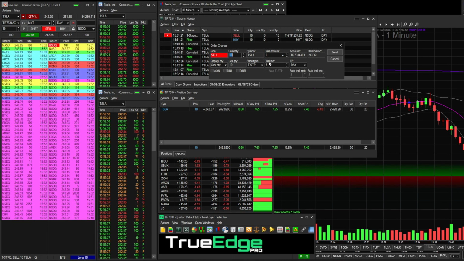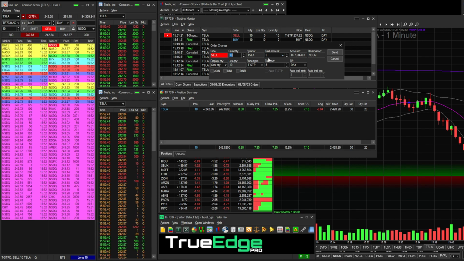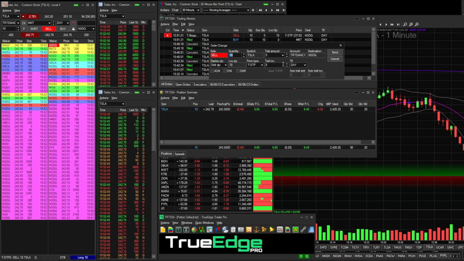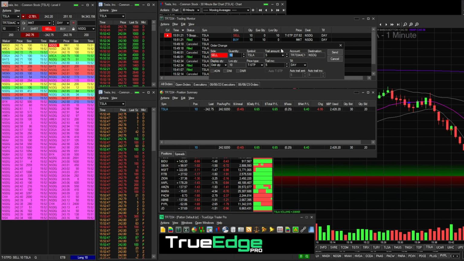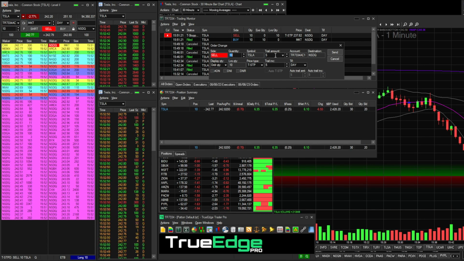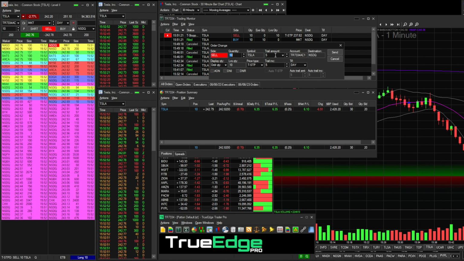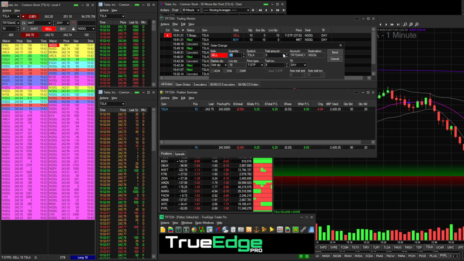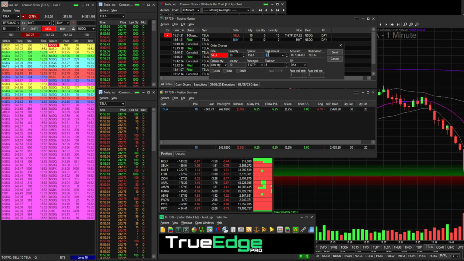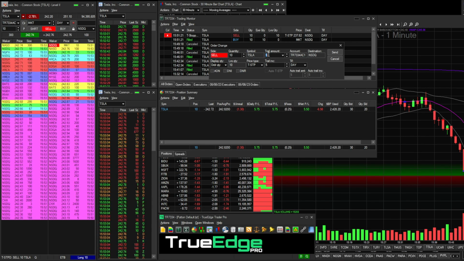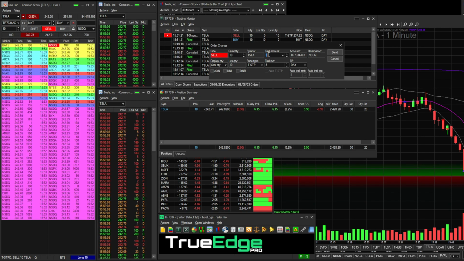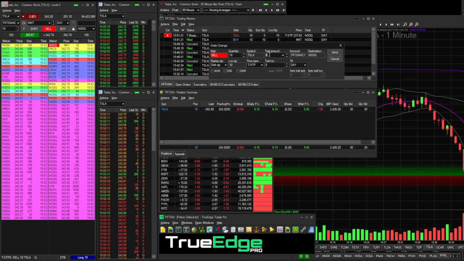Now, if I want to adjust this stop loss, I have the trail amount set at 5 and the trail increment set at 5. So what does that mean? The amount is how far away the stop loss is behind where the market is now, or where the position started actually. So when the position starts, this number here is telling me the distance that the stop loss will start behind where I get in. So it's going to be $5 behind where I got in.